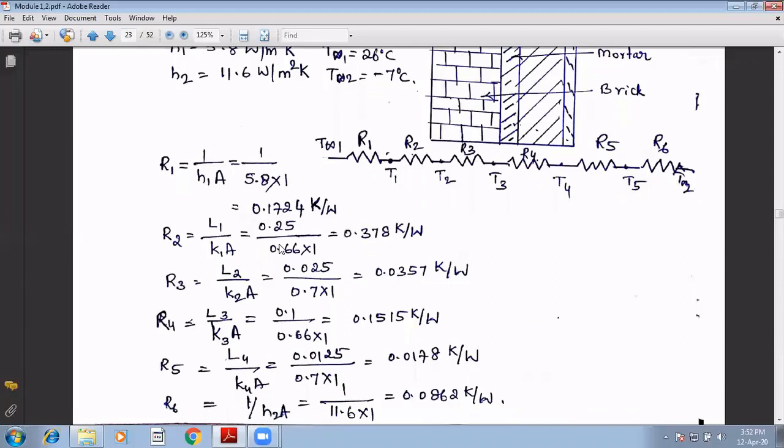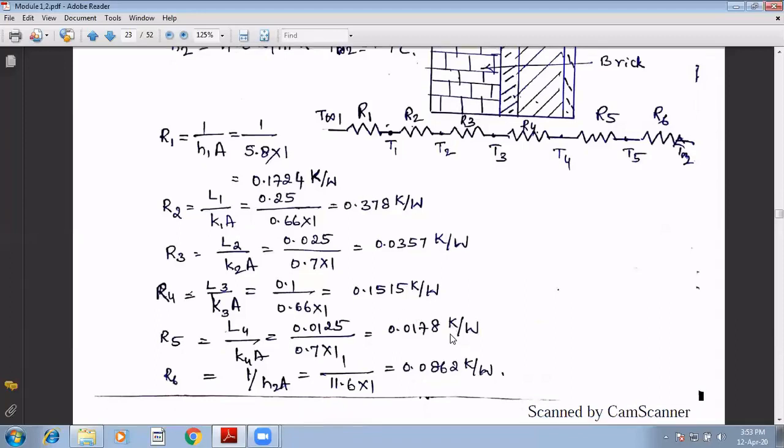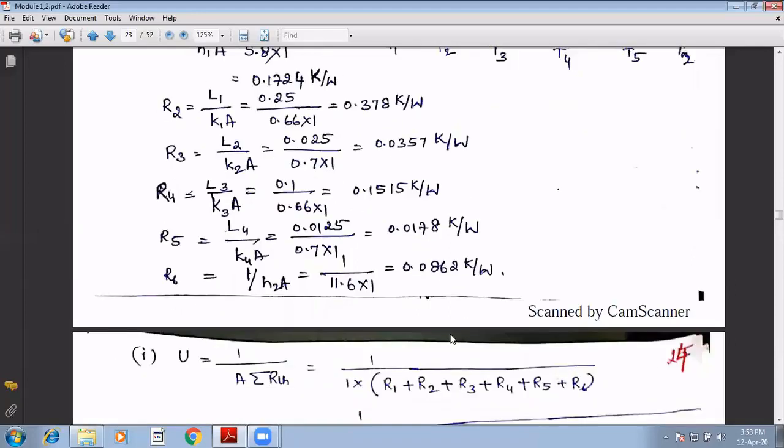Similarly, R2 is L over Ka, area is 1, L is given, K is given. You can consider R2 to be 0.378. Similarly, R3, R4 as well as R5 are 0.0357, 0.1515, 0.0178 Kelvin per watt respectively.